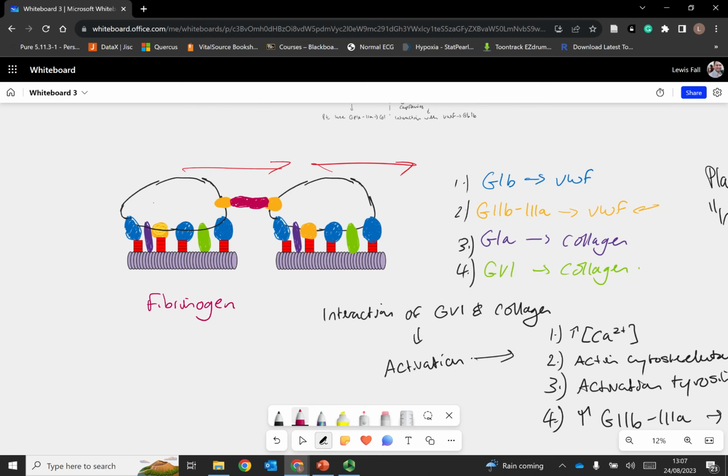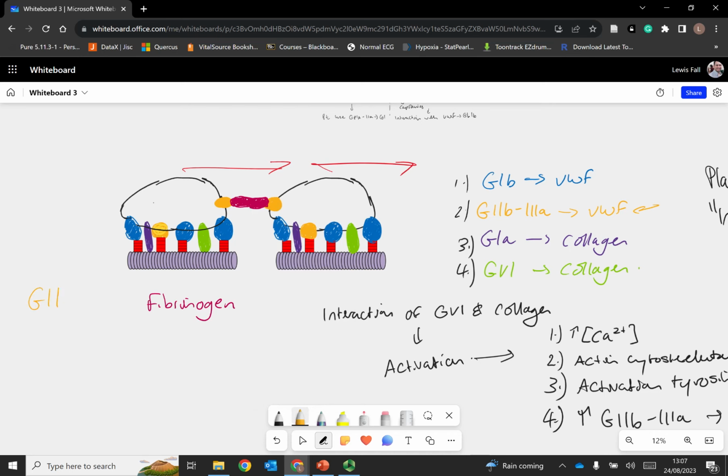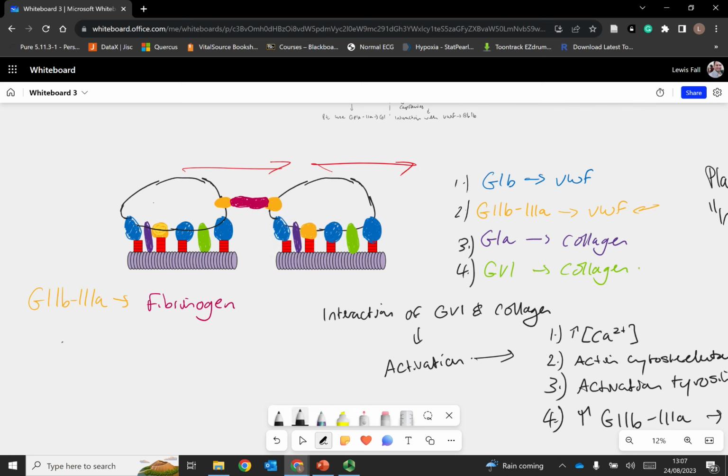So fibrinogen is going to be the thing that binds platelet glycoprotein 2b3a together. And what is its job? Binds platelet to platelet.